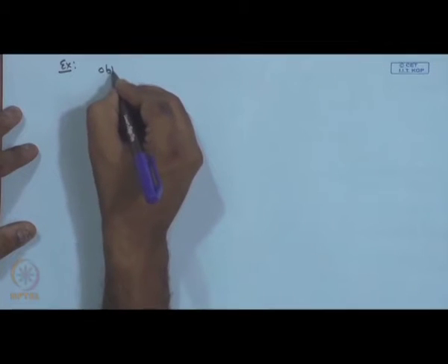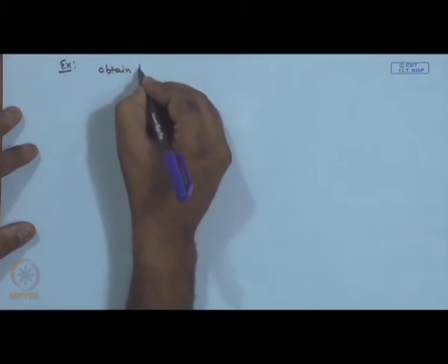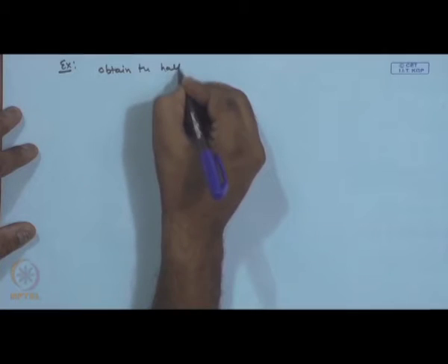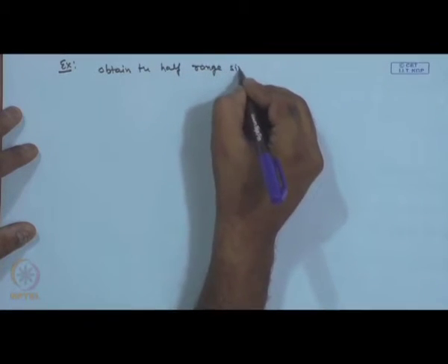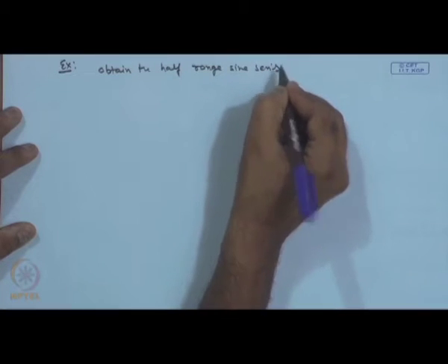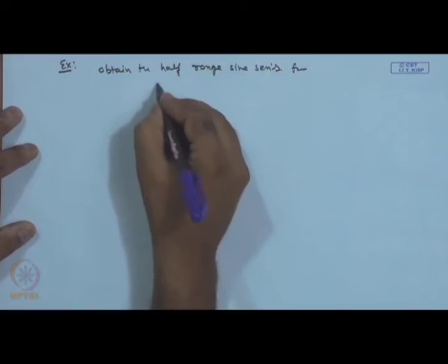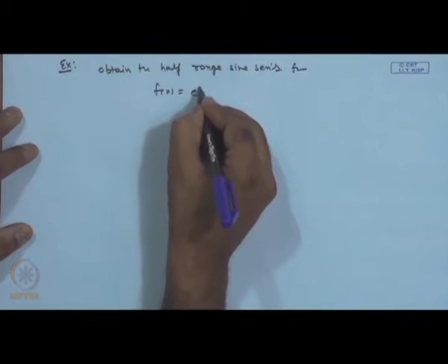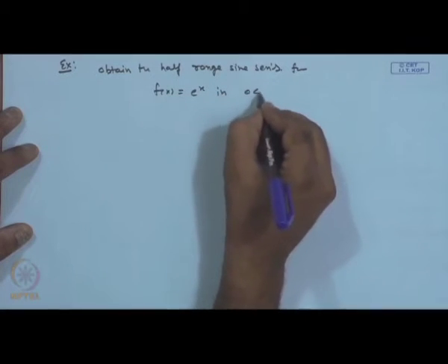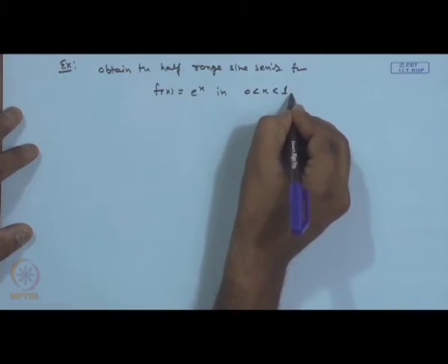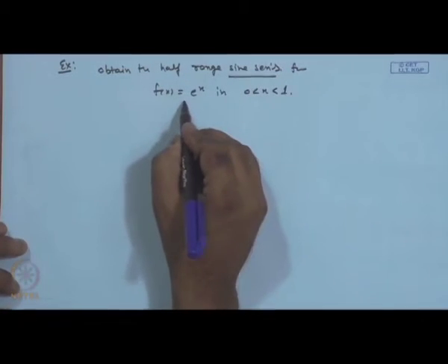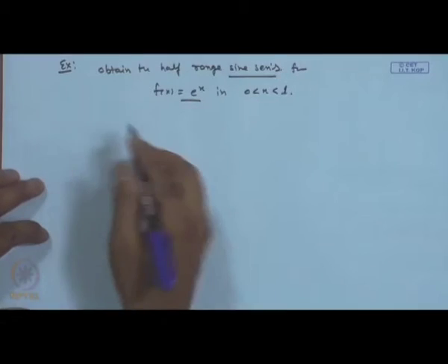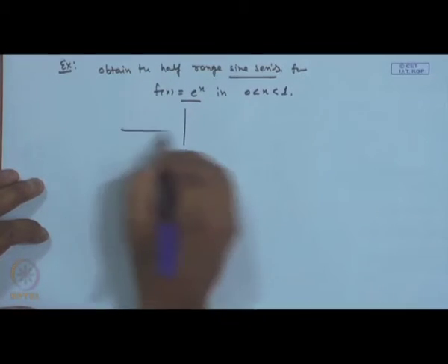So, obtain the half range sine series for f(x) = e^x defined in 0 to 1. We want to have the sine series now, so we need to go for the odd extension of this function.